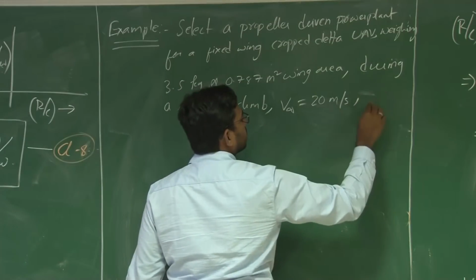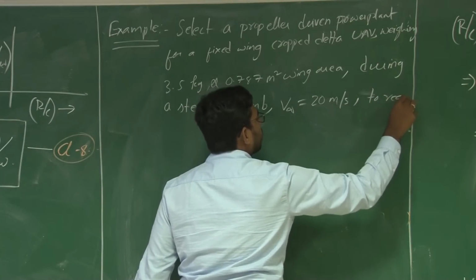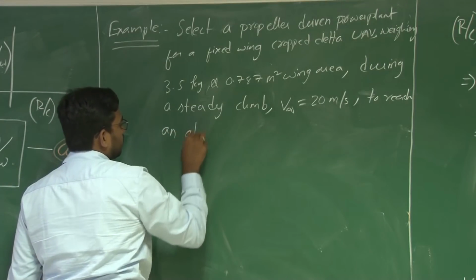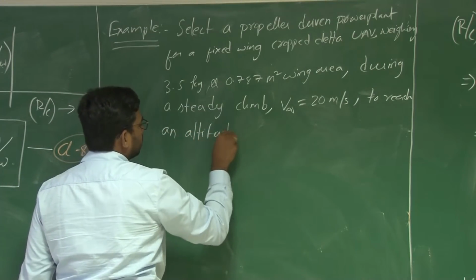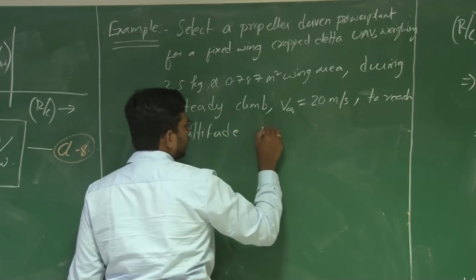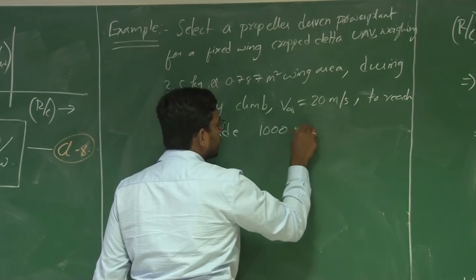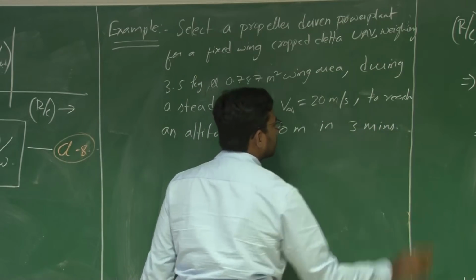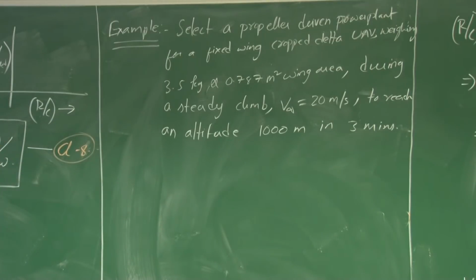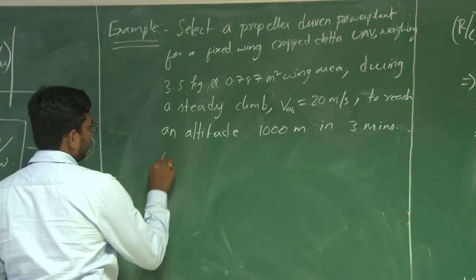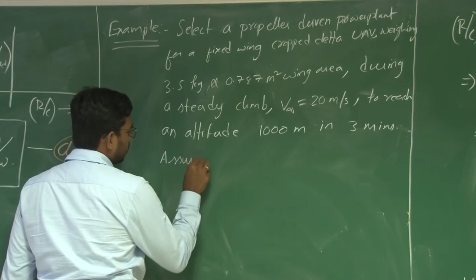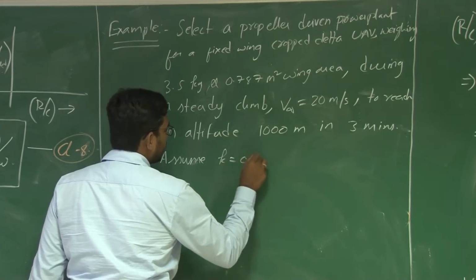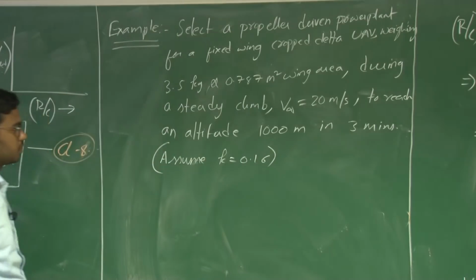During a steady climb, to reach an altitude of 1 kilometer in 3 minutes. Assume K is 0.16.